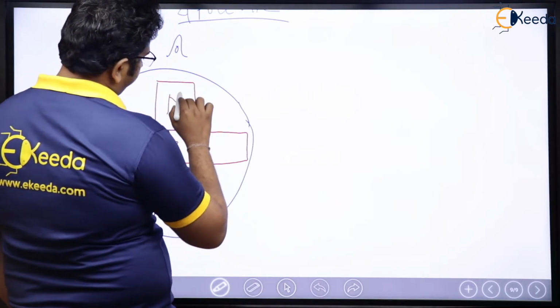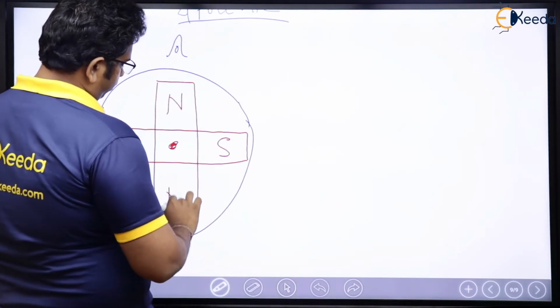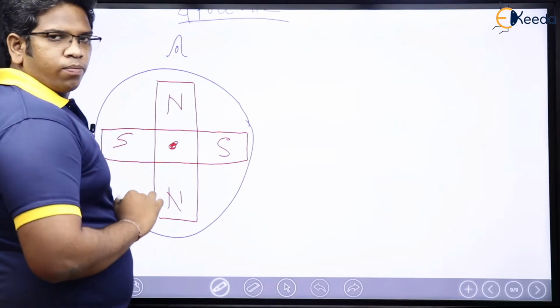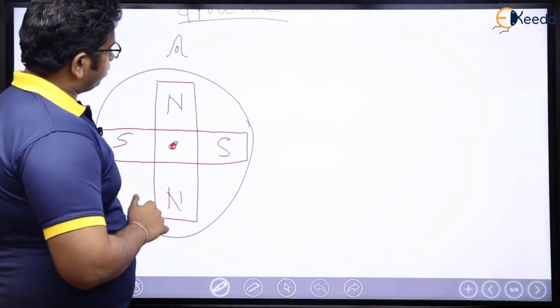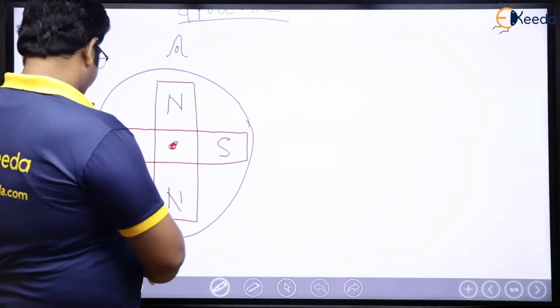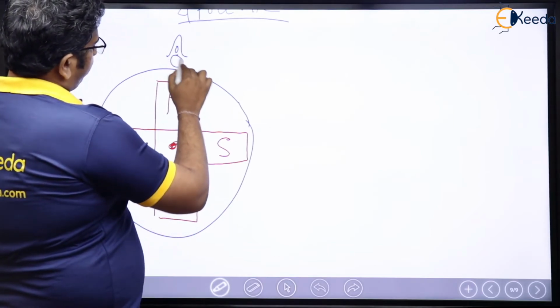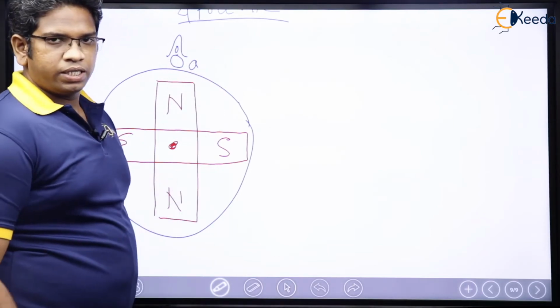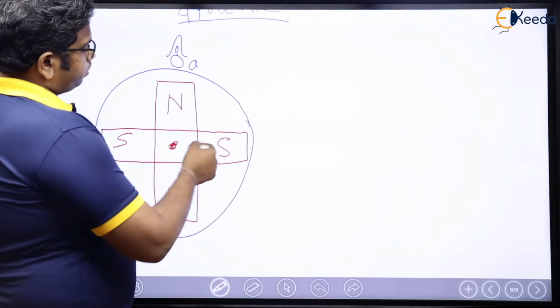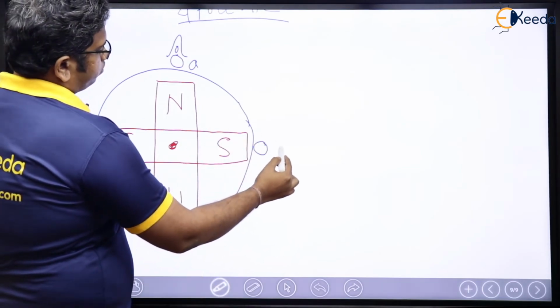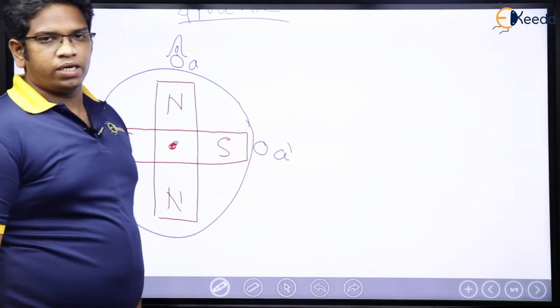Let me say this is N, this is S, this is N, and this is S, a heteropolar structure. Now, if I have A here, then ideally where should A dash be? Since it is 4-pole, it should be here. A dash has to be here.